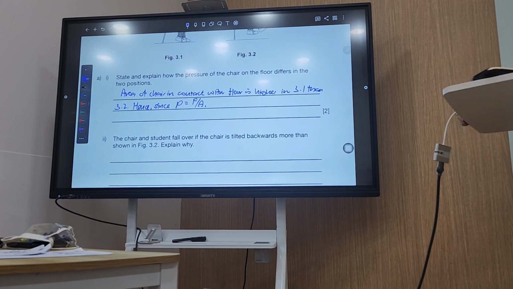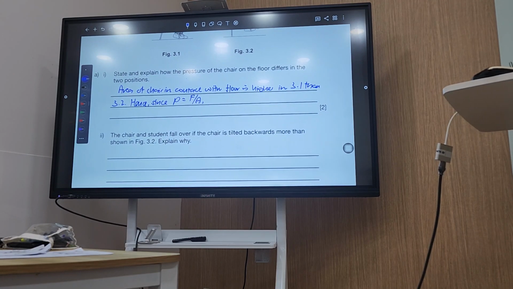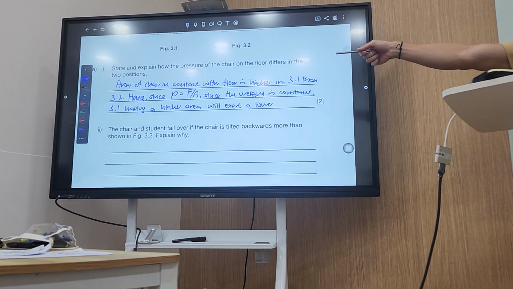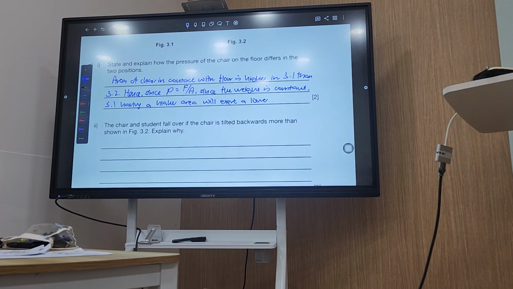But what we might want to include also, to eliminate all possibility of any minusing of marks, is since the weight is constant, 3.1 having a higher area will exert a lower pressure. In other words, you make it very known that your F is constant, which means pressure is only determined by your area. Okay, lower pressure.